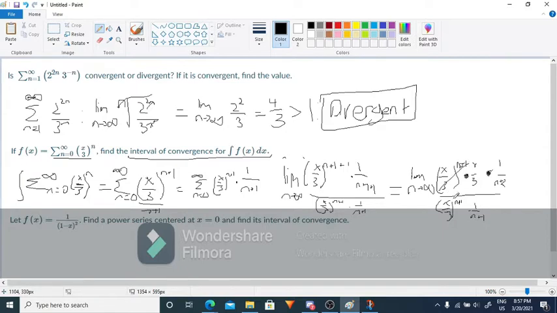And we'll notice these factors cancel, and we end up with x over 3 times 1 over n plus 2 over 1 over n plus 1.